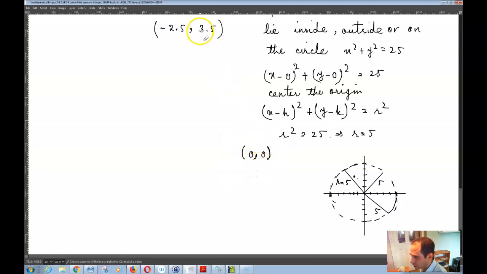If that distance is greater than the radius of the circle, then the point is outside, otherwise it's inside. That's what I would do.